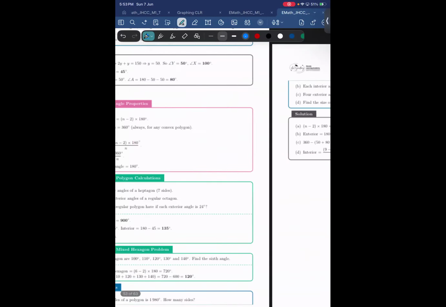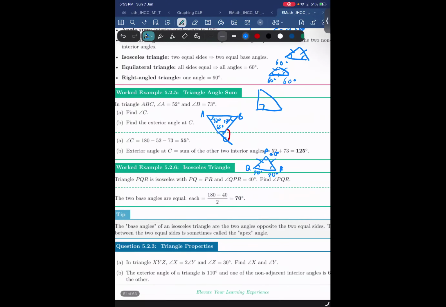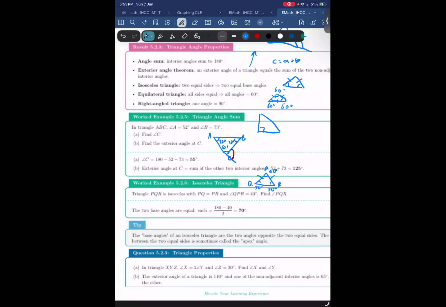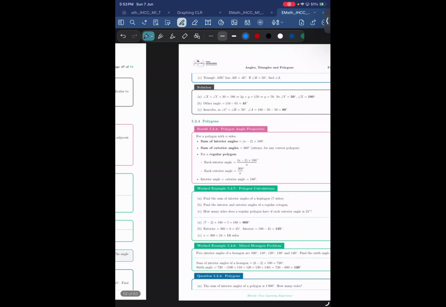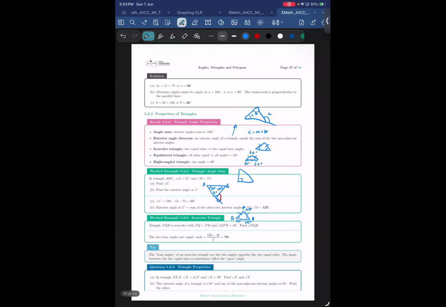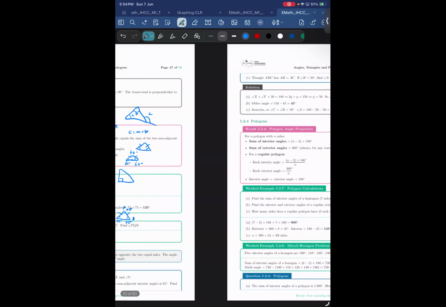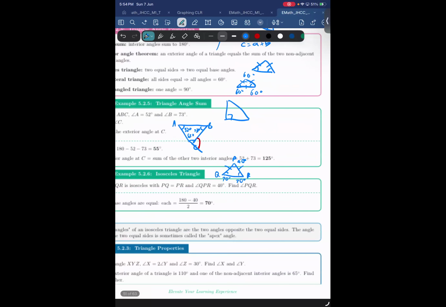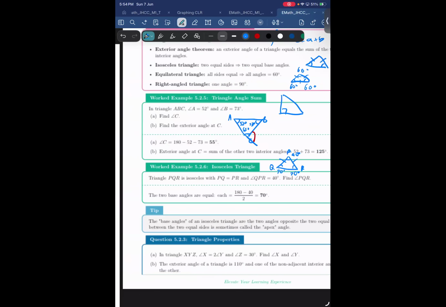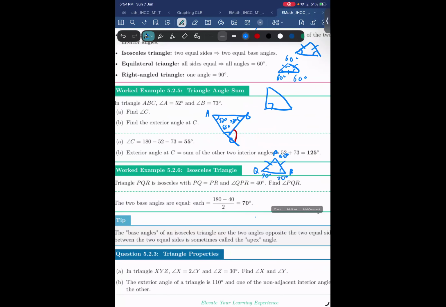Okay, let's see. You can try this question. Maybe about 2 minutes. Yeah, 3 minutes. A and B. If you need help with the diagram, I can draw it now.